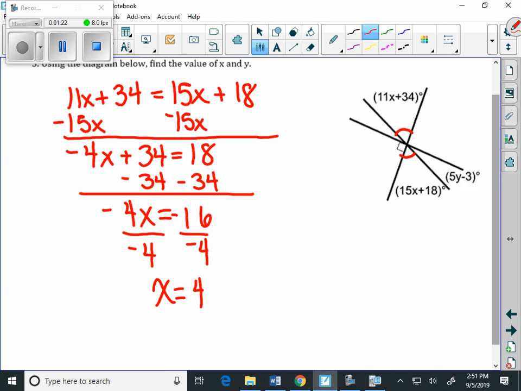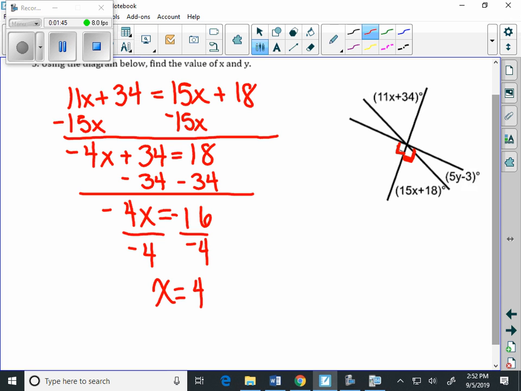So we want to find the value of x, and we want to find the value of y. The nice thing here, like the previous problem, is we have a right angle in here. And the right angle means that on the other side is also a right angle.